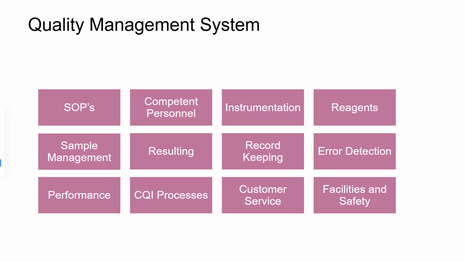Competent personnel. So once you get certified and you start working in the laboratory, we've got to make sure that you maintain your current knowledge of the field and continuously demonstrate that you are capable of producing valid results. So we do proficiency testing. We will get random samples sent from an outside institution.